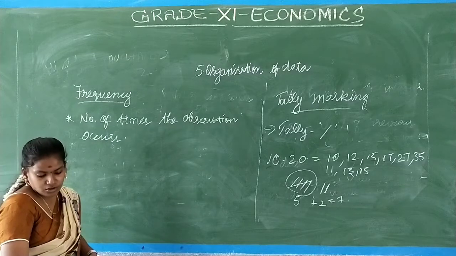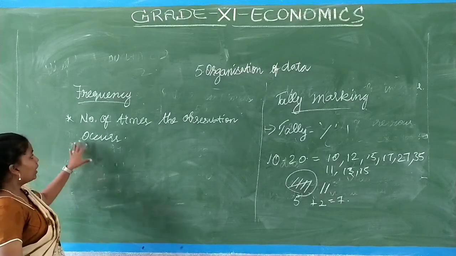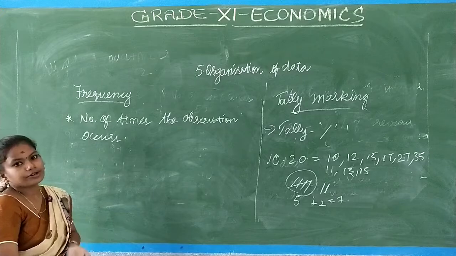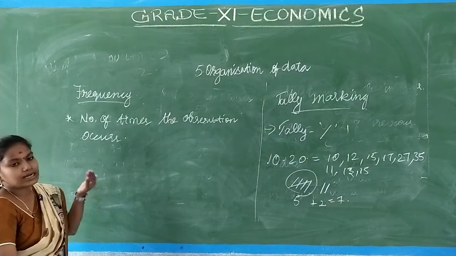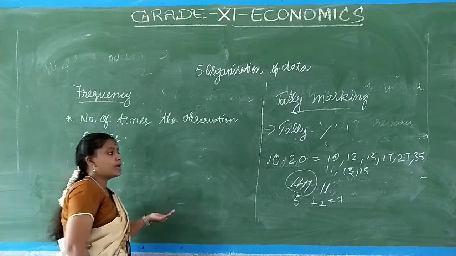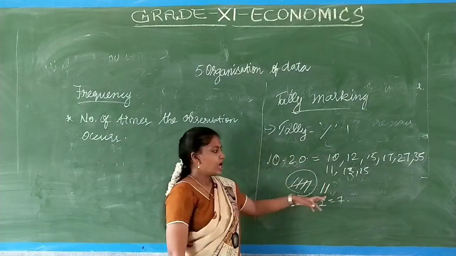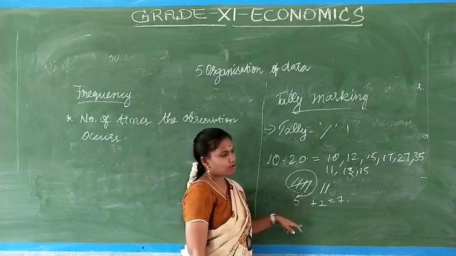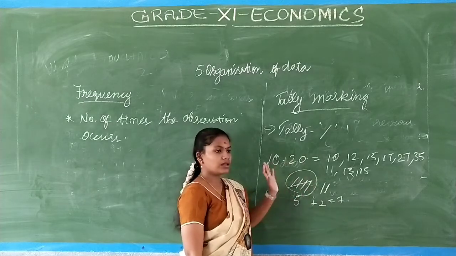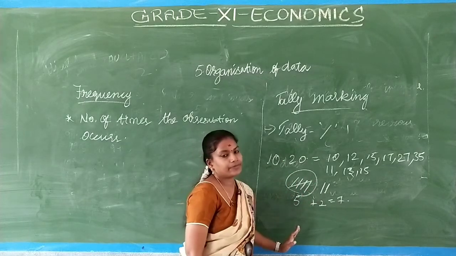One good technique for that is the tally marking system, where you use a dash each time an observation occurs, and the fifth time you cross it so that you can calculate it as 5.